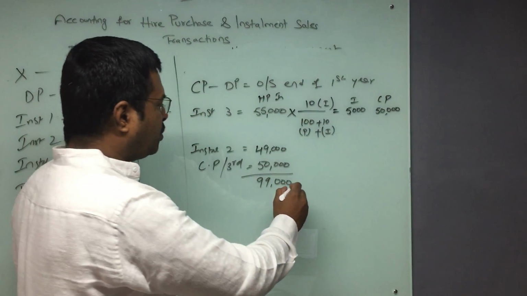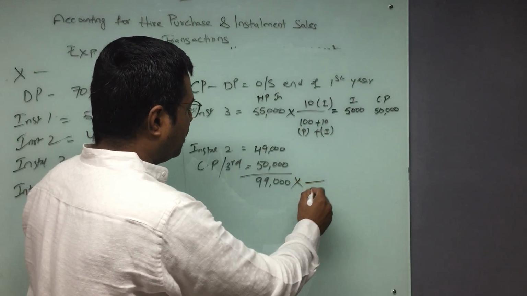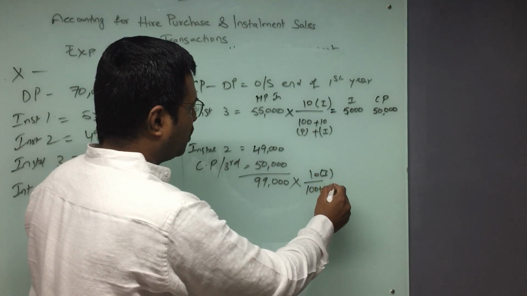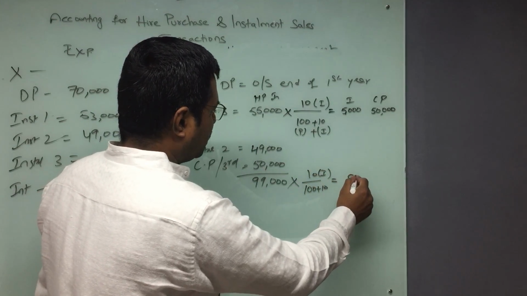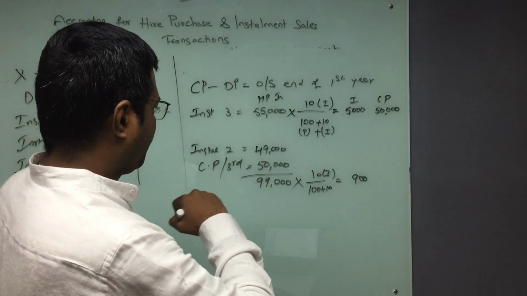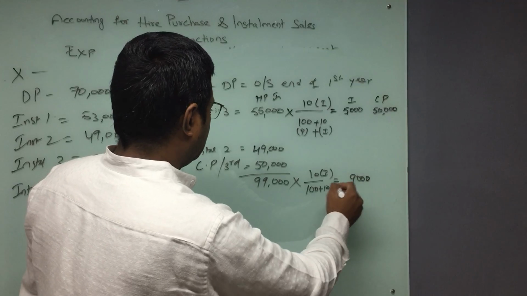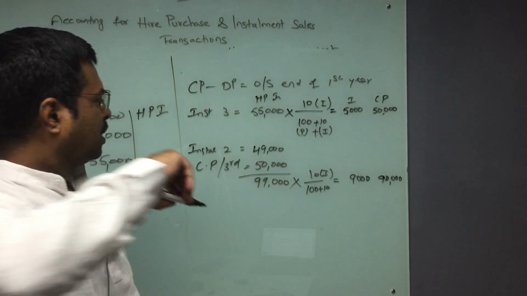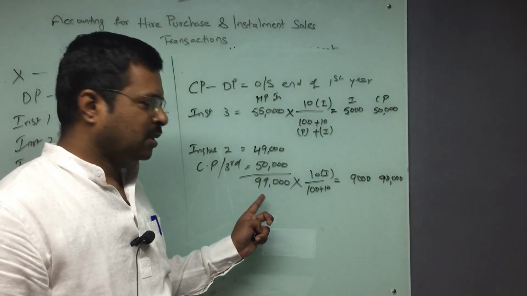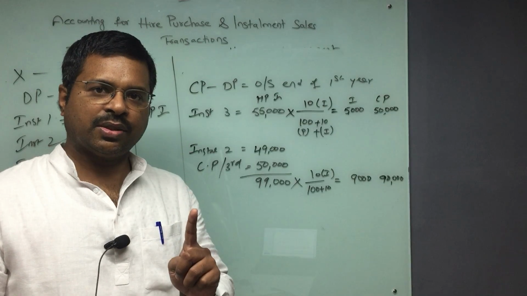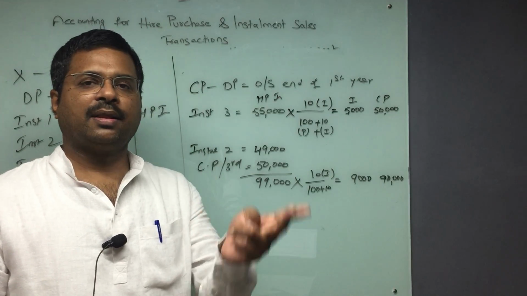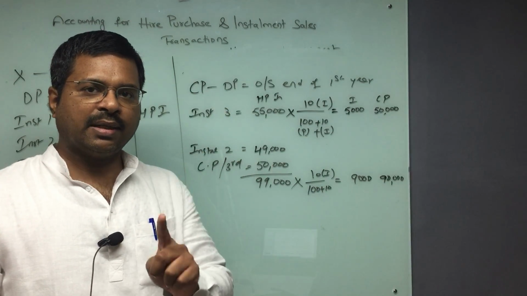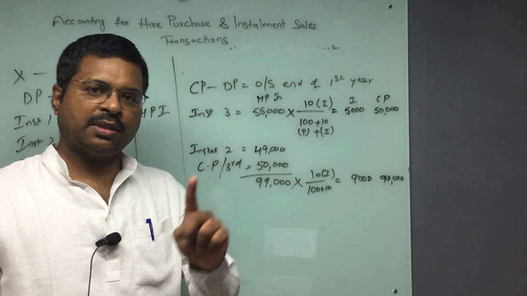If I have to identify the same way, 100 plus 10, into 10, this comes to 9,000, and here 90,000. 99,000 includes 1 year interest on two cash prices, installment 2 cash price and installment 3 cash price, and the interest is for 1 year of year 2.